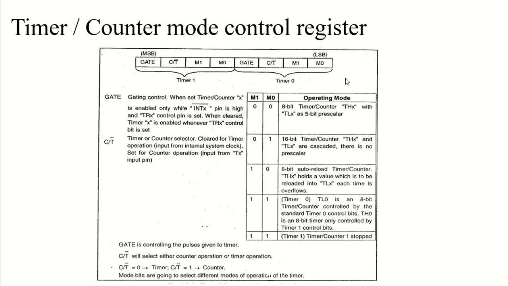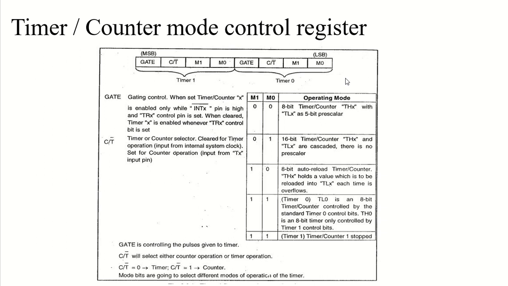Similarly, for the timer or counter selection, when cleared it is for timer operation with input from the internal system clock, and when set it is for counter operation with input from the TX input pin.